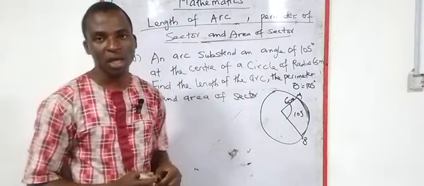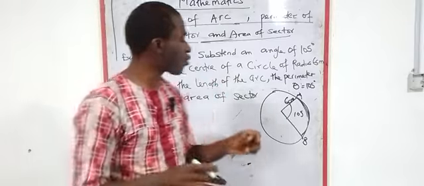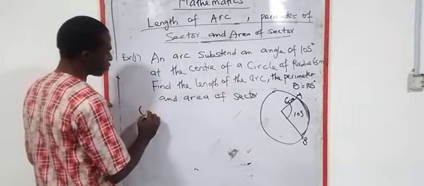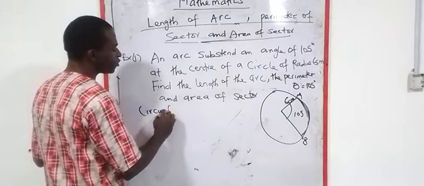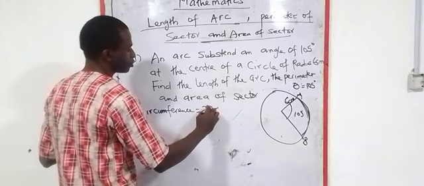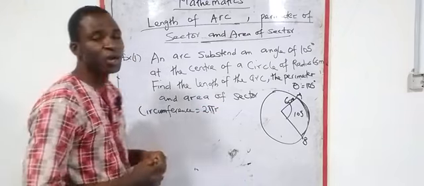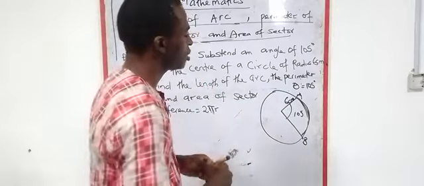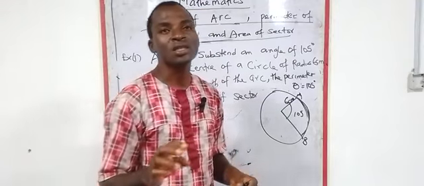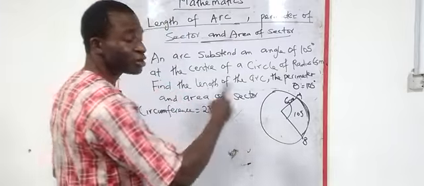It has a formula. We all know that when we are looking for the length of the circumference of a circle, the formula is equal to 2 pi r. But if we are looking for the length of an arc, remember I told you in my previous video that it is a cut out portion from the circumference, which is the boundary around the circle.